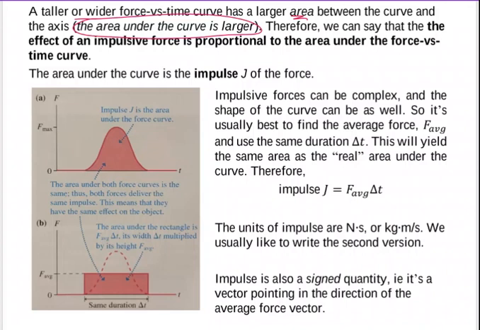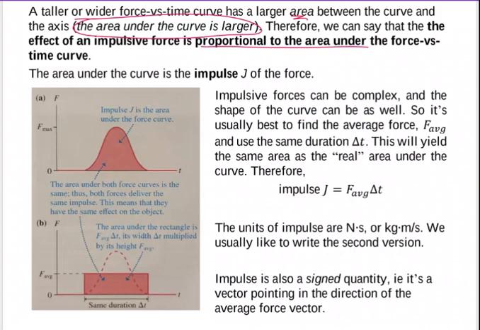And when we do that, we are making the resulting impact, the resulting flight of the ball, greater. Therefore, we can say the effect of an impulsive force is proportional to the area under the curve. So the area under the force versus time curve is what we're looking at here.